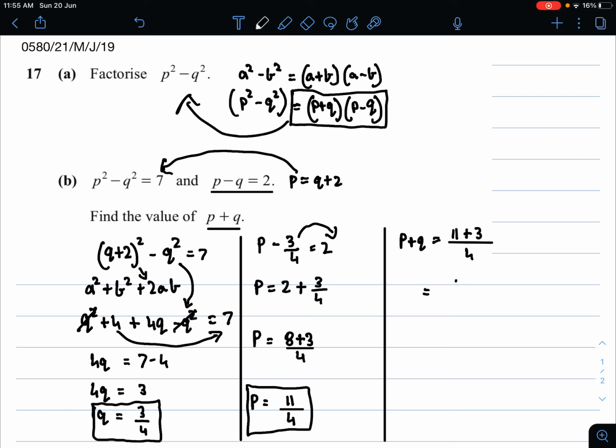So we know that 11 plus 3 is 14 divided by 4. And therefore you can simplify this by dividing both numerator and denominator by 2. So we are left with p plus q is equal to 7 by 2. Therefore this being your final answer for part 17b.